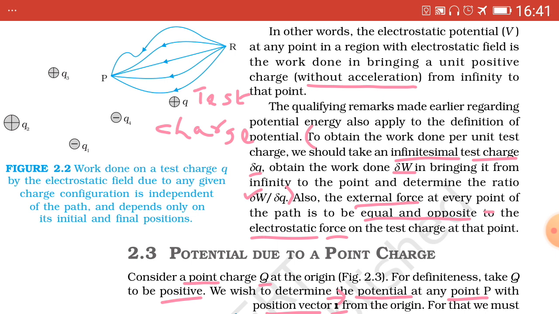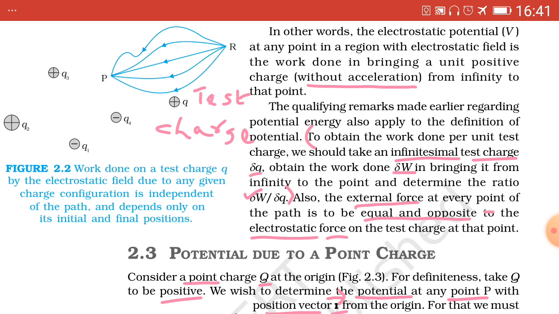And we see that the work done in bringing the test charge, that is small q, which is plus, from R to P is path independent. That is, from whatsoever path you travel from R to P, work does not depend on the path, and it simply depends on the positions of capital R and capital P. Only on R and P work done depends.